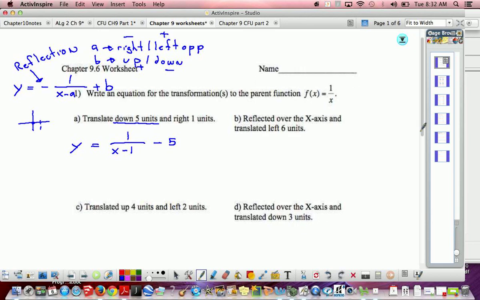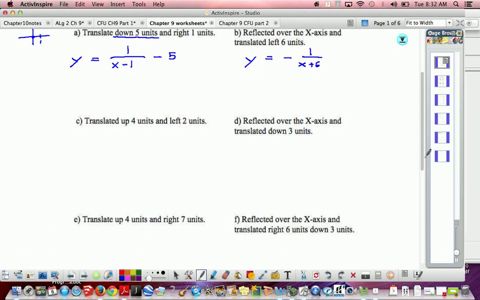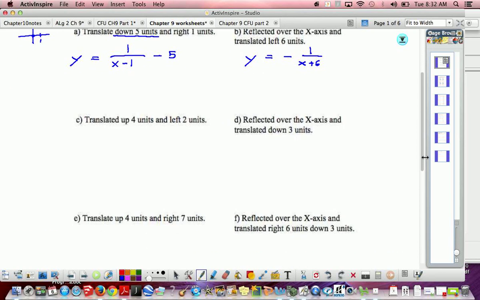So here, on B, it says reflected over the x-axis, so that tells me the negative part, so I can already go write the negative out in front. Translated left 6 units. 6 units left means we're actually going to add 6. And that's it. So on the next one, translated up 4 units and left 2 units.